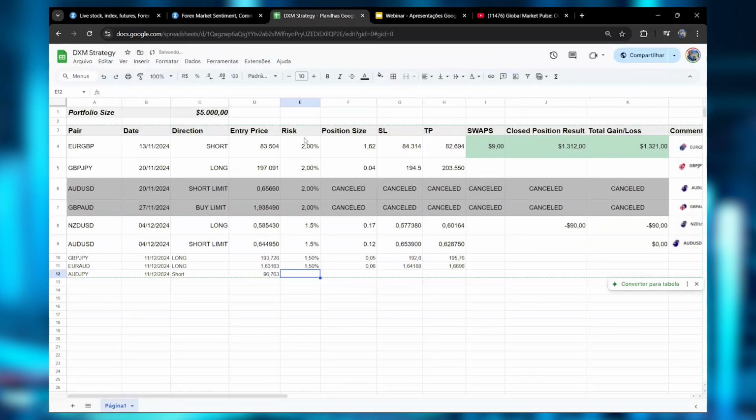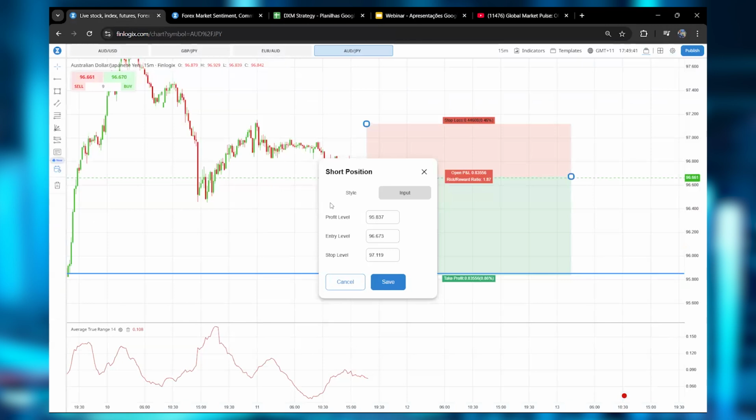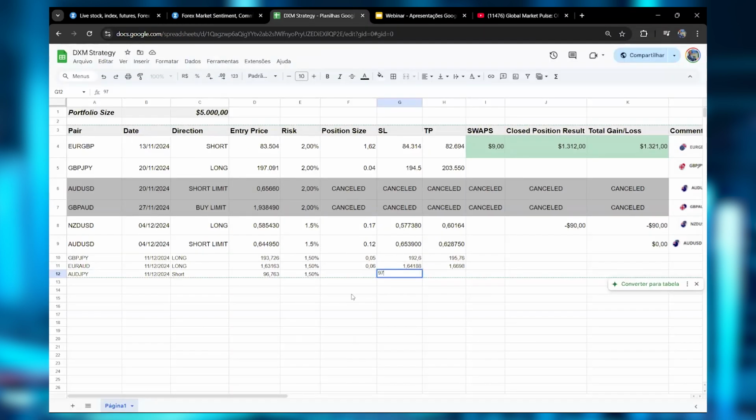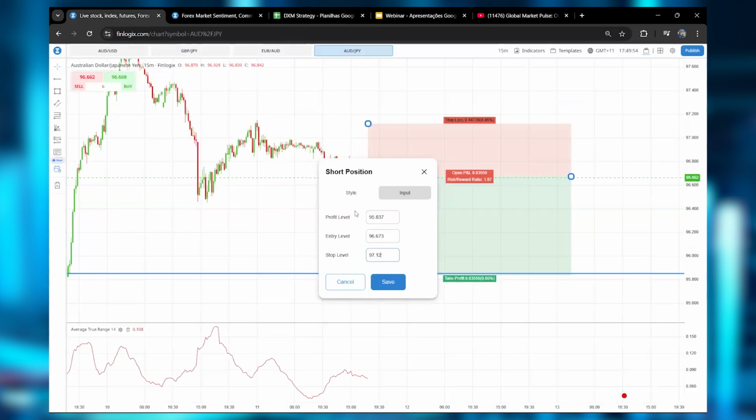Risk 1.5%. We don't know the size yet. This here is the stop loss, which would be 97.112. And then take profit will be 95.837.